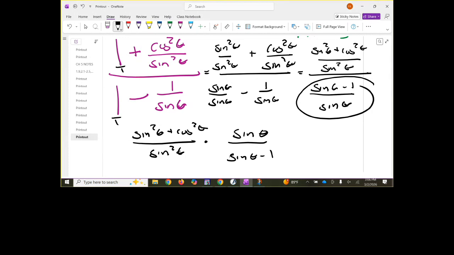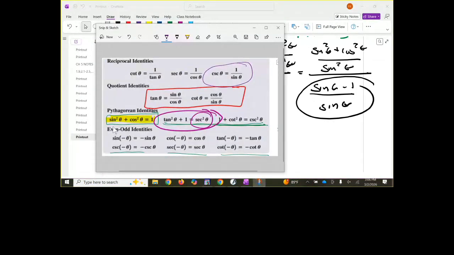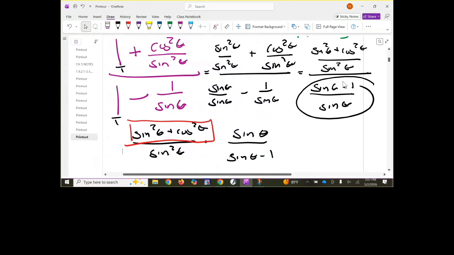All right, let's see what else we got. Okay, y'all, I'm going to go really slow here. First off, you're going to look at this guy right here. Sine squared theta plus cosine squared theta. I'm going to pull up my identities again. Look, sine squared theta plus cosine squared theta is equal to 1. Boom. That guy is just going to go to 1. Okay. Let's try this, y'all.